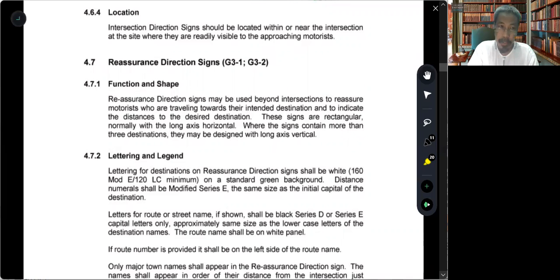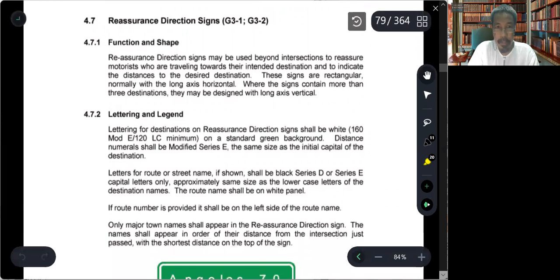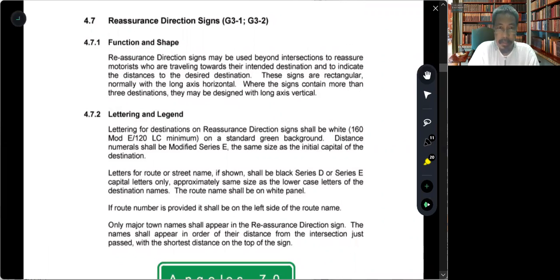So that's all for G2 classification of signs. We are now going directly to the next set of signs, the G3 class of signs. We have G3-1, G3-2, reassurance direction signs, which may be used beyond the intersection to reassure motorists who are traveling towards their intended destinations.